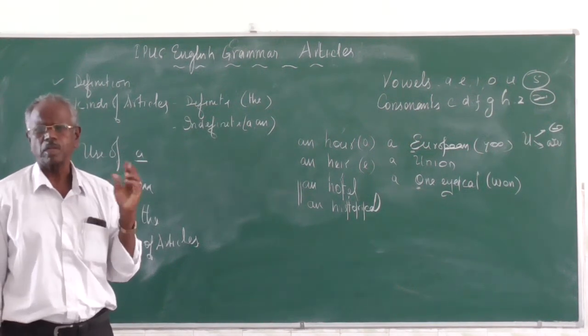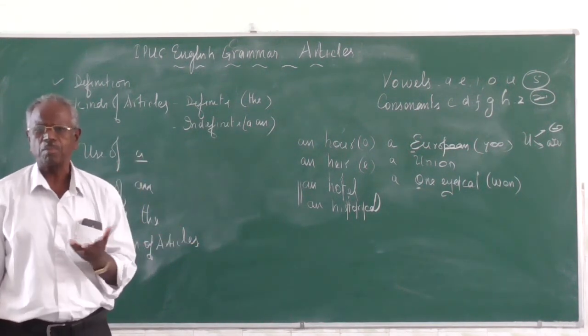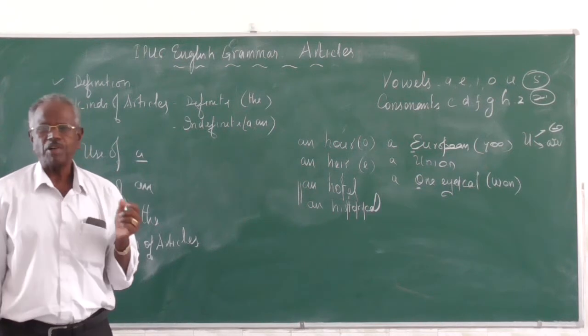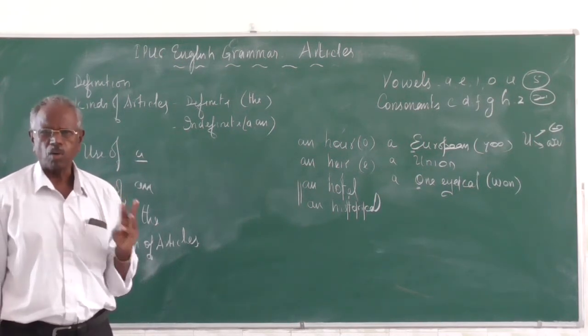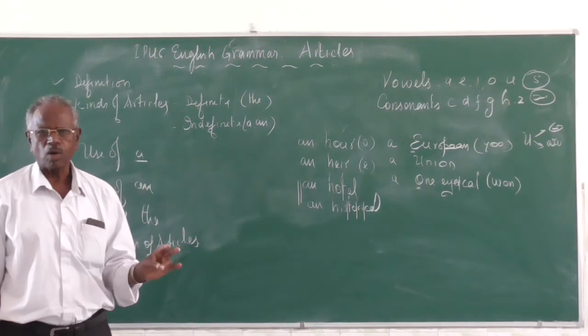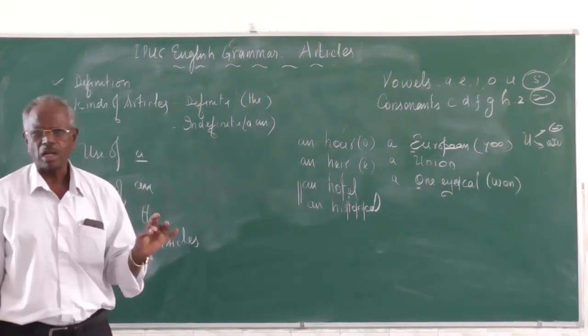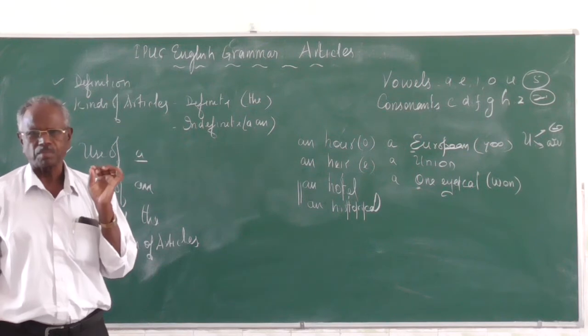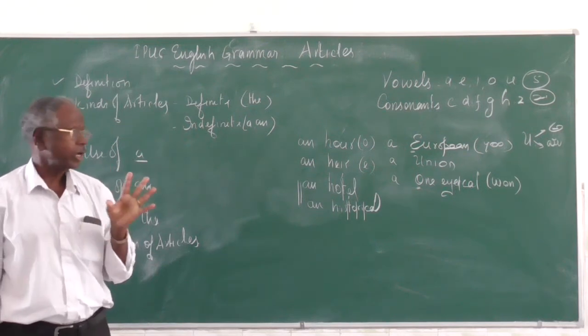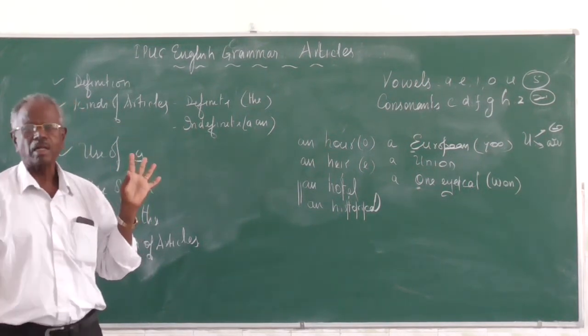Superlatives are labeled: the tallest, the highest, the deepest and all that. Then omission of articles, when you should not use articles: before a proper noun, before an abstract noun, before a material noun, and before names of public places. So with this we come to the end of the articles.